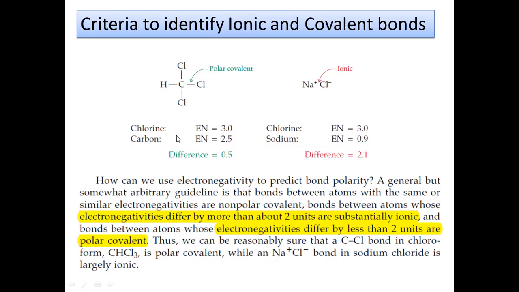Let's suppose in the case of this molecule, CCl3, the electronegativity difference between chlorine and carbon is 0.5, which is less than 2, so this type of bond is a covalent bond. So you can easily differentiate between the covalent and the ionic bond by using this criterion.